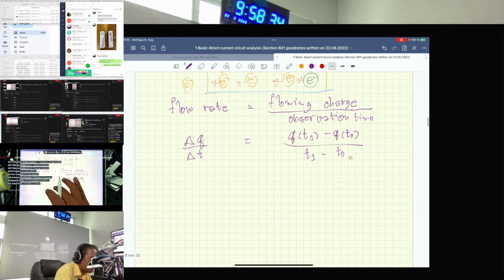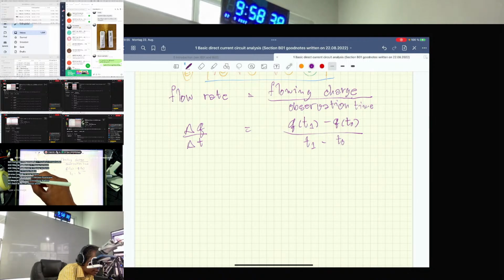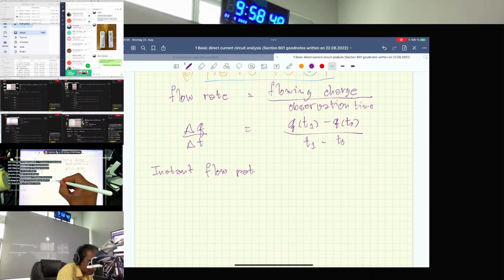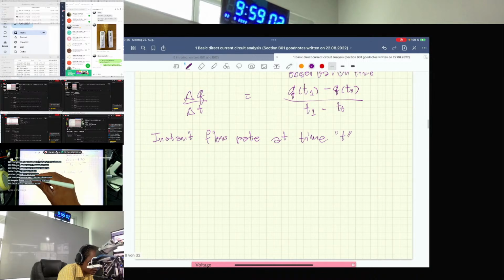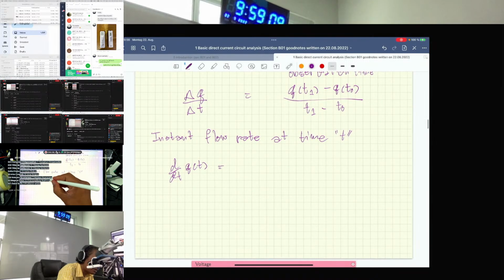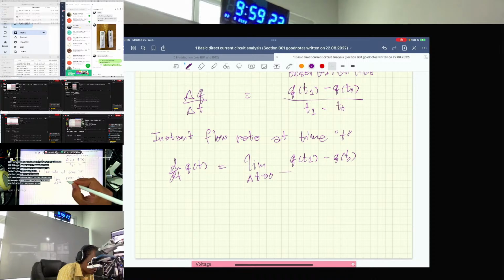And if you want to observe the instant flow rate at time t, we can have the so-called d by dt of q(t), and that's going to be the limit, delta t going to 0, of q(t1) minus q(t0) over delta t.